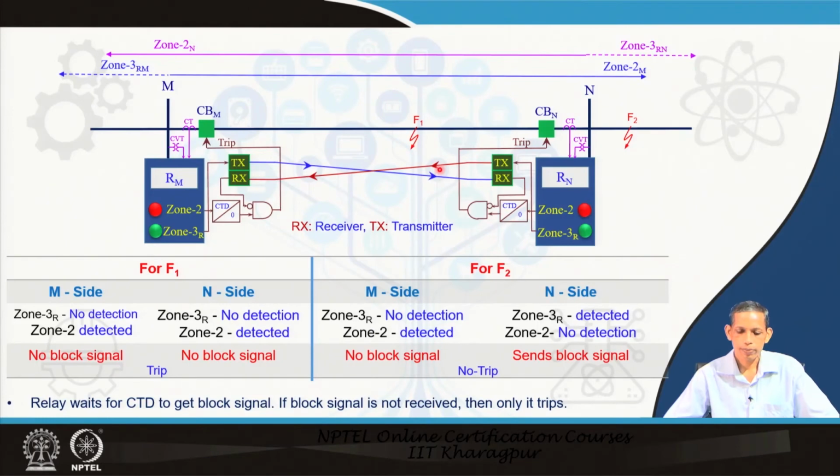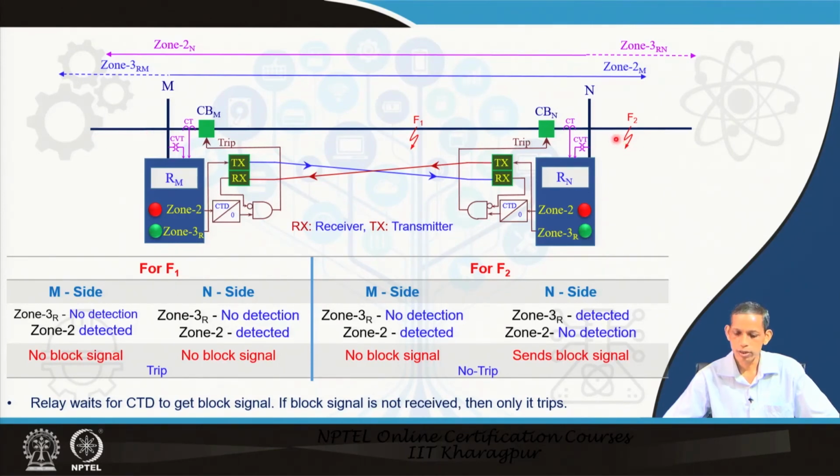Now, we were talking earlier about an internal fault, suppose it happens here at F1. For this fault, zone 2 has picked up from this side, and zone 2 from the other side too. Zone 3 R will not see it, because this is the reverse.